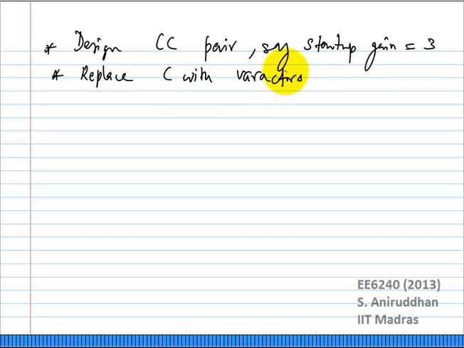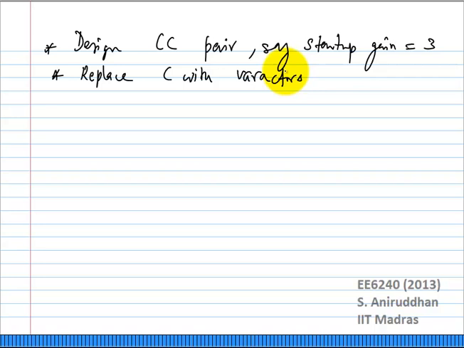But suppose you do this. Suppose I replace the capacitance with the varactor. The varactor may have a certain Cmax by Cmin. We have discussed this, based on the capacitance tuning curve. Let us say it's some 3 to 1, right? And some parasitic capacitance exists from the transistors. Therefore, I get a certain tuning range.